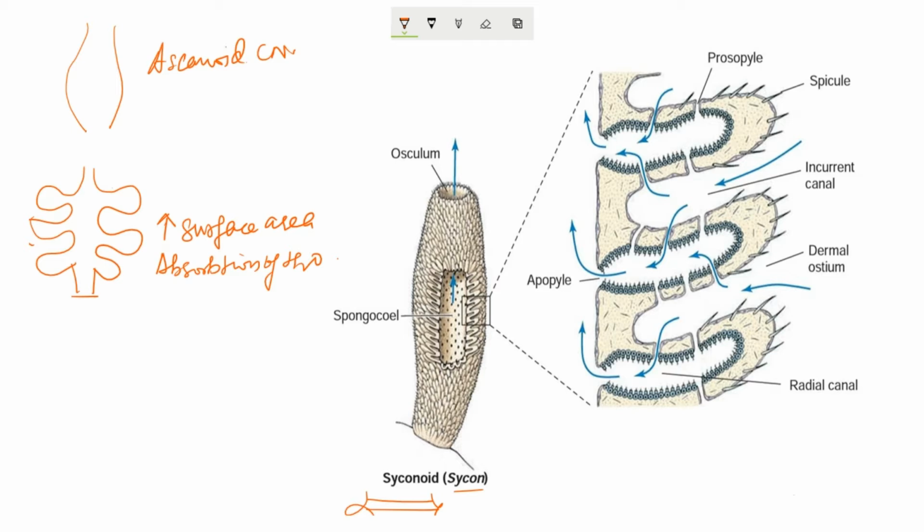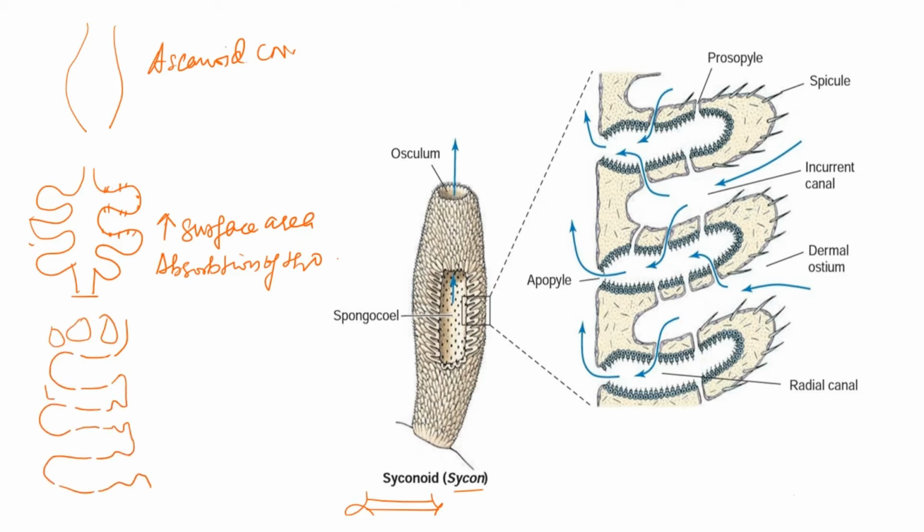And in this folded choanoderm, you are going to see some slits, some pores opening in this radial canal only. Choanoderm is going to have some pores. These are the contractile cells that are present in between, called myocytes.